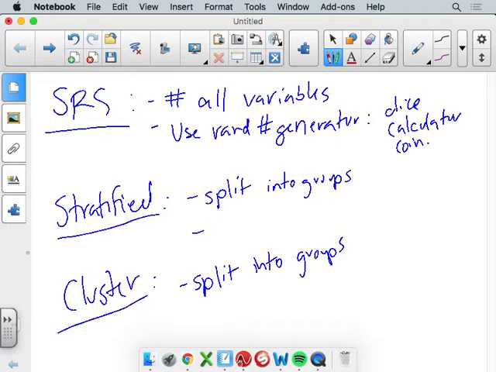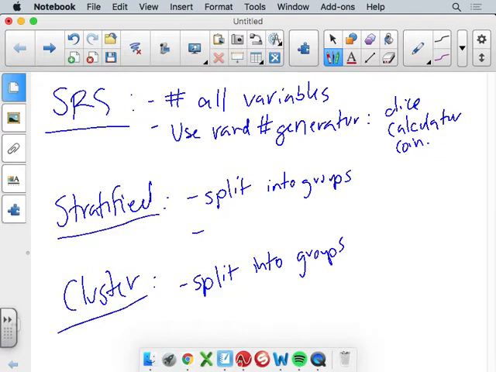But on stratified, I split into groups and then I choose an equal amount, or a representative amount, from each group. So maybe Miss Prejean splits her classes into her IB English sections and she samples 3 students from each of her IB sections, something like that.